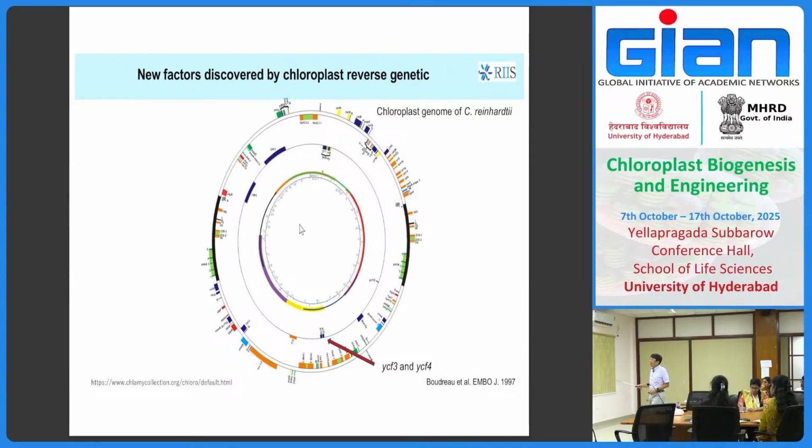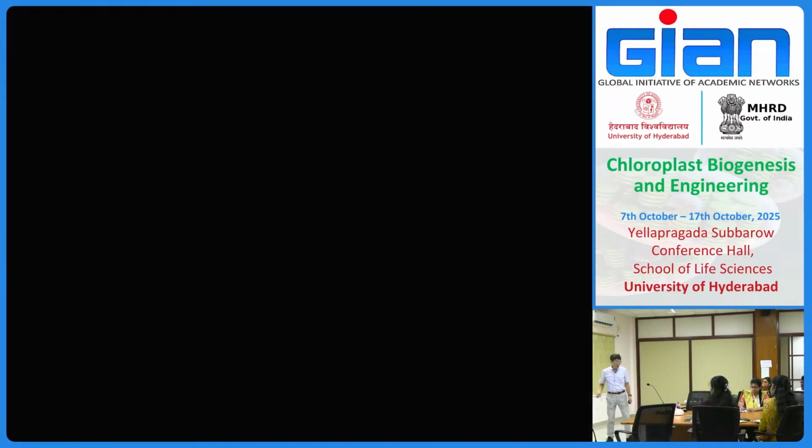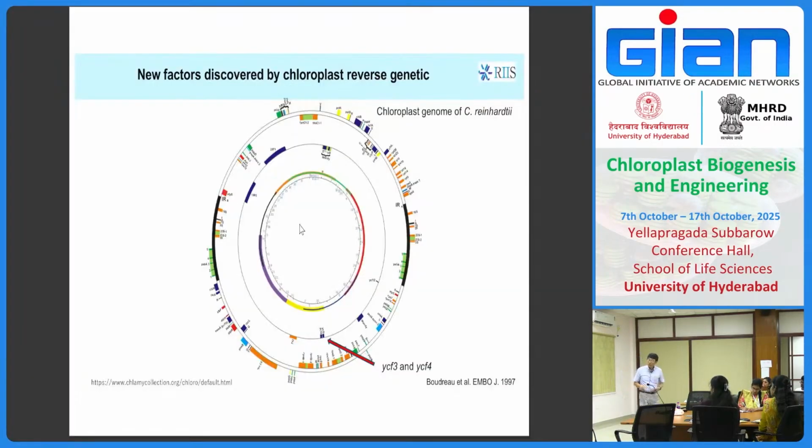But as I told you yesterday, by chance when we were working on hypothetical chloroplast open reading frames YCF3 and 4, we knocked these out by chloroplast transformation to know what these two open reading frames are doing. Then by chance we found that the YCF3 and YCF4 deficient mutants completely lacked photosystem 1.